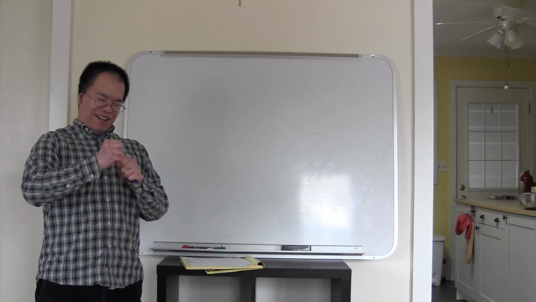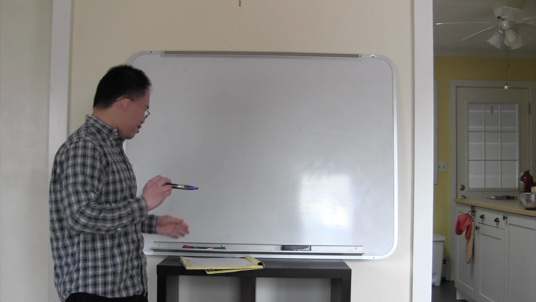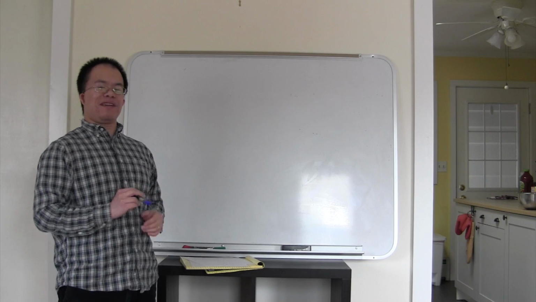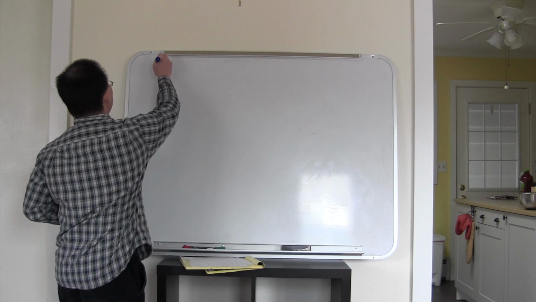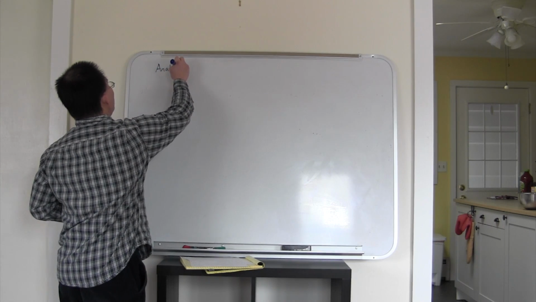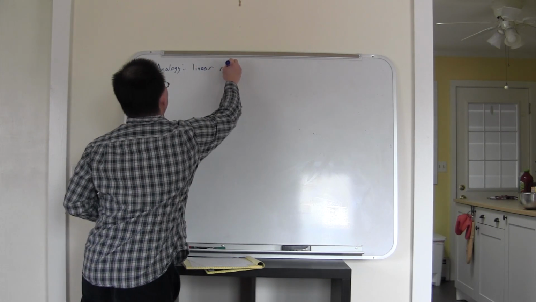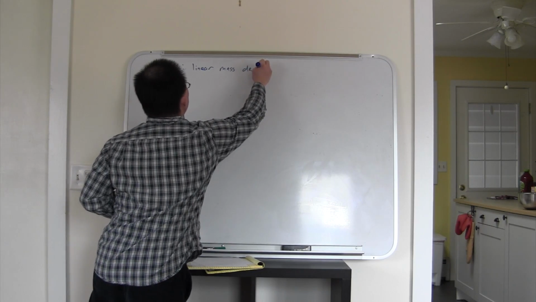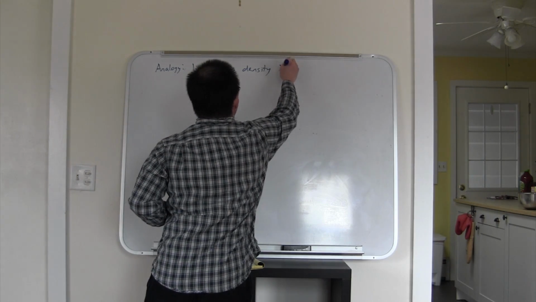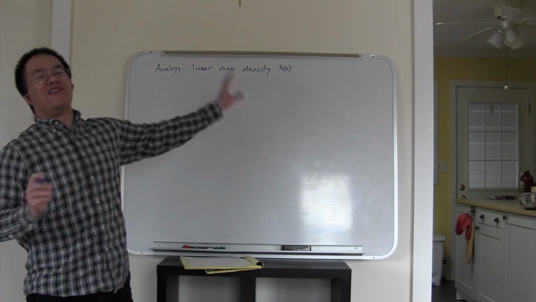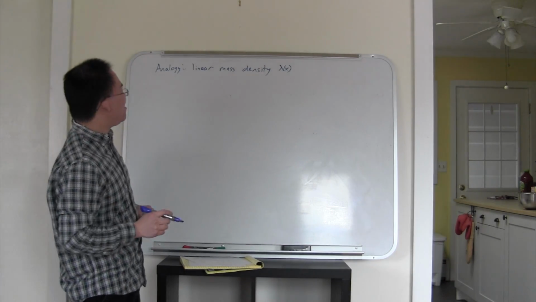But since 118 was probably a while ago, let's stick with the most concrete analogy we can: linear mass density. Let me call that lambda of x. I know lambda is not wavelength here, but oftentimes people use lambda for linear densities.